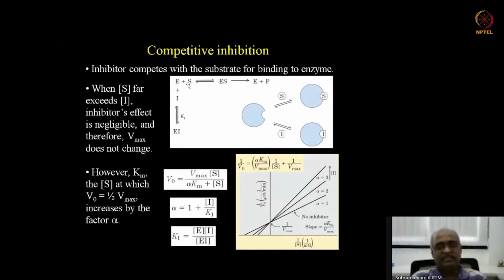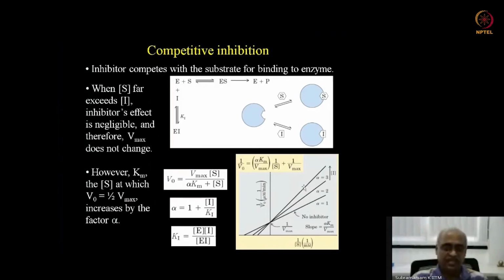As a result, Km increases, and because Km increases, the slope changes, because slope is Km by Vmax. So as you increase the inhibitor, the slope increases, indicating that Km is increasing.